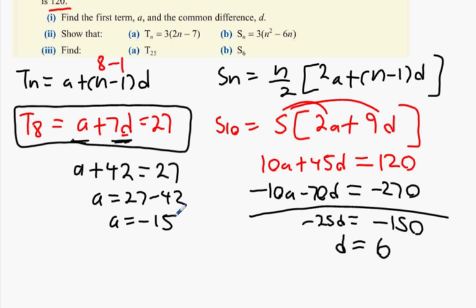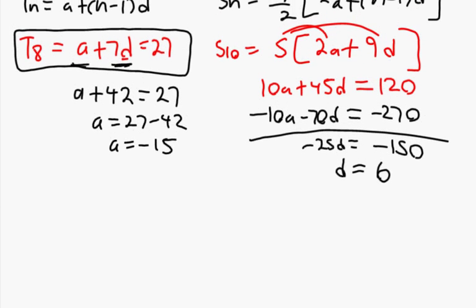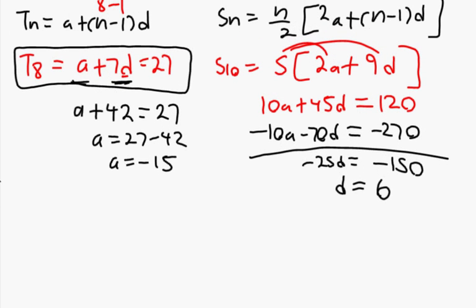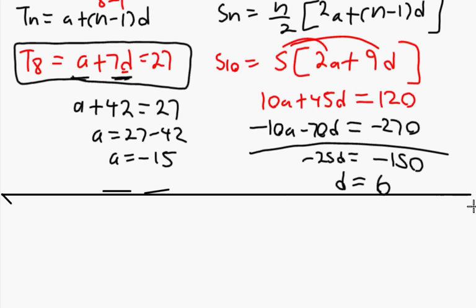So, once I've done that part, and I'll leave the rest of that up there, I now have to figure out what Tn is. See the Tn formula up top? I'm going to use these two formulas here. So, I'm going to use Tn, guys.